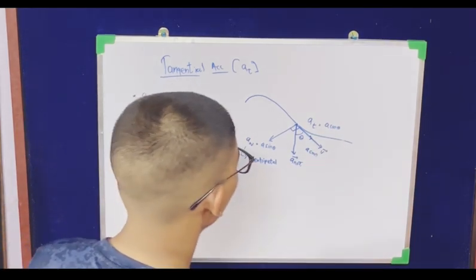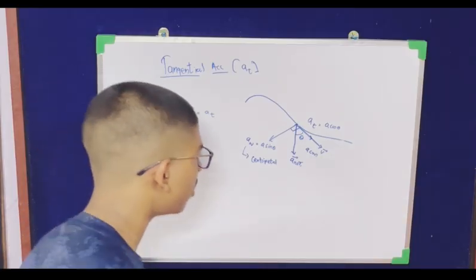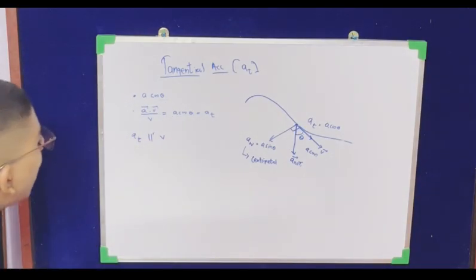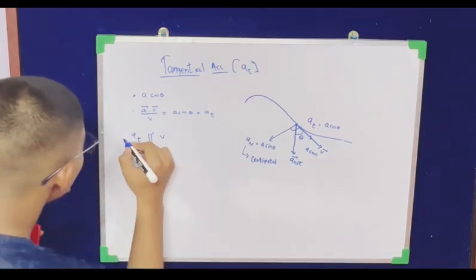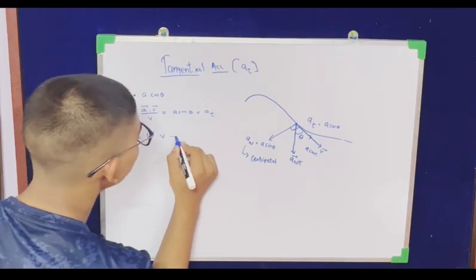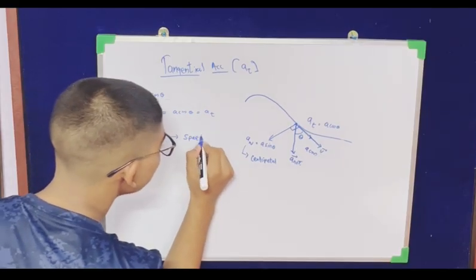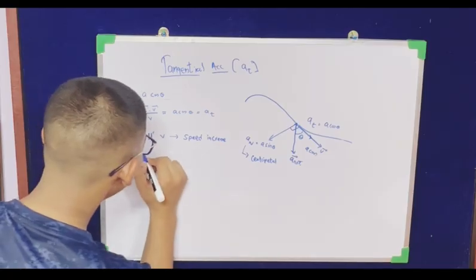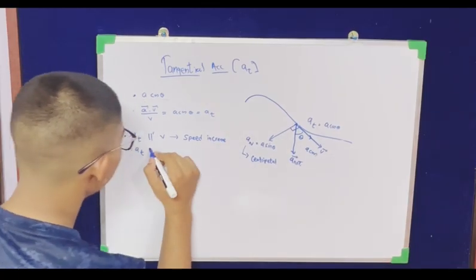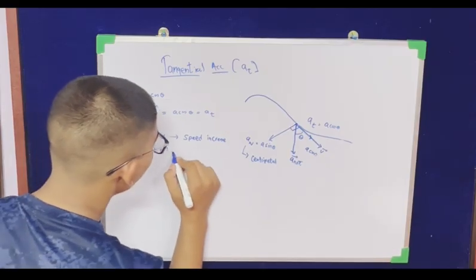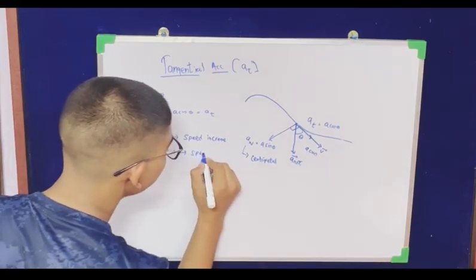There must be a force acting upon it, which we will call centrifugal force in our subsequent classes. For right now, we can say that whenever it is parallel to velocity, the speed increases, and if it is anti-parallel, in the opposite direction, then the speed will decrease.